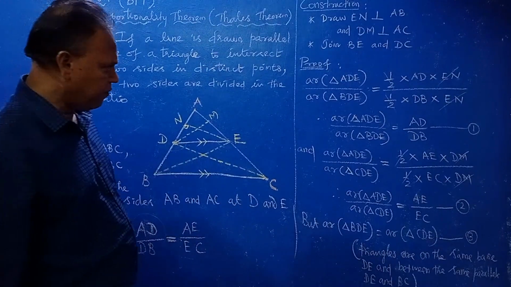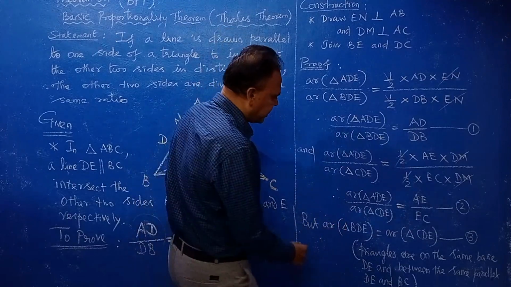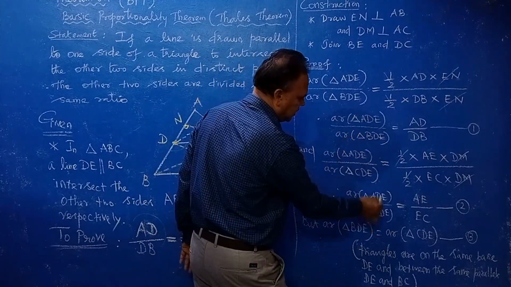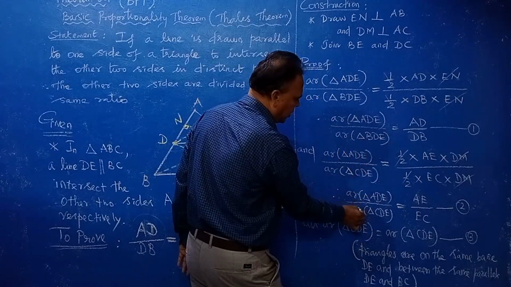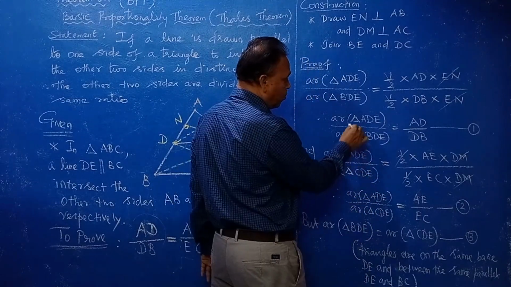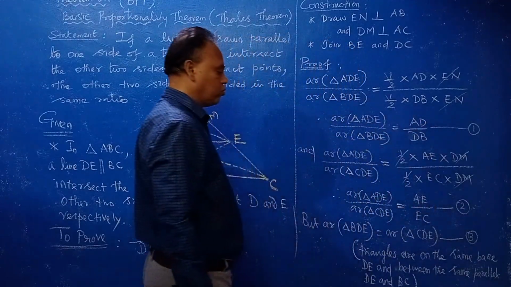So from 1, 2 and 3, you see the denominators in 1 and 2 are the same, and by 3 the left hand sides are equal, which means automatically the right hand side is also equal.